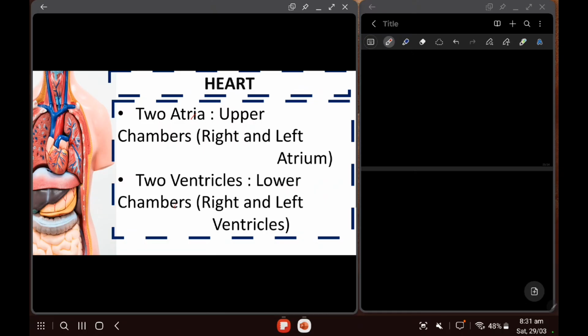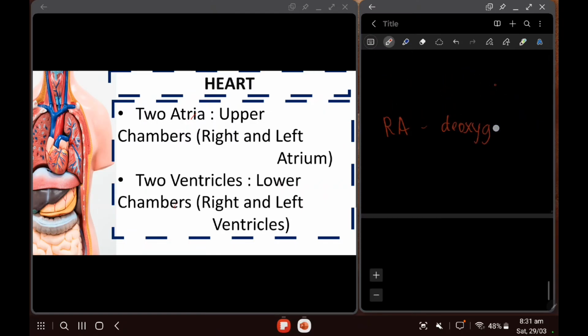So, unahin natin si right atrium. Si right atrium makaka-receive ng deoxygenated blood from the body, tapos ipapump niya yan papunta kay right ventricle.